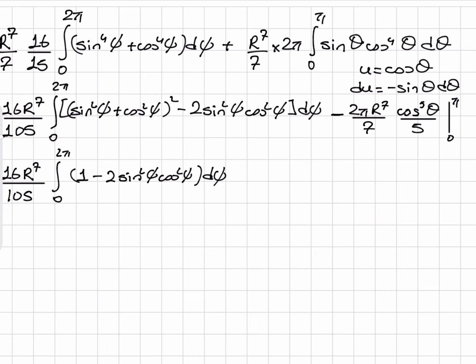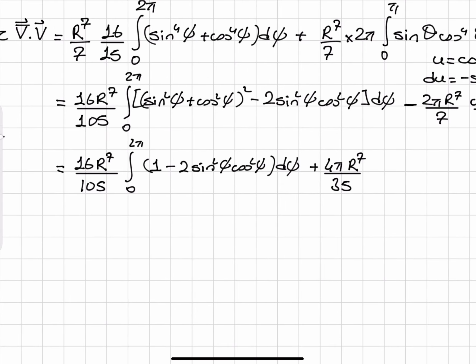So minus 1 will become minus 2, so this will be plus 4 pi capital R to 7 divided by 35. That's that part of the integral.